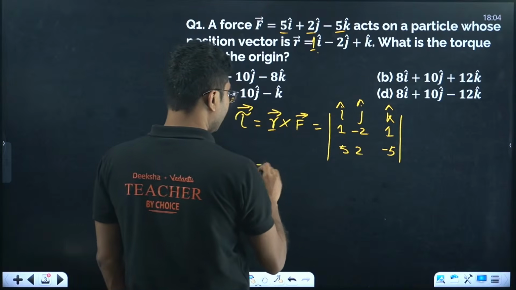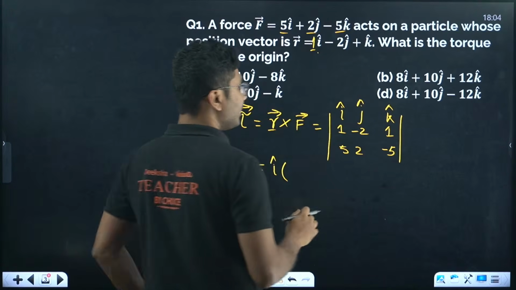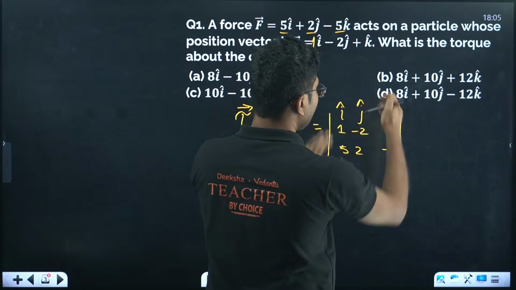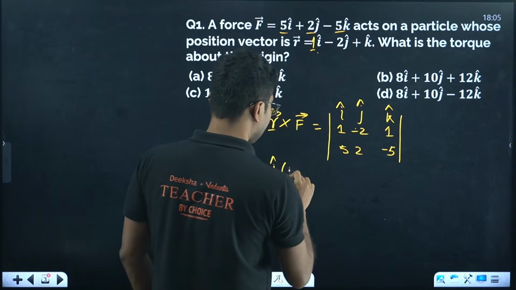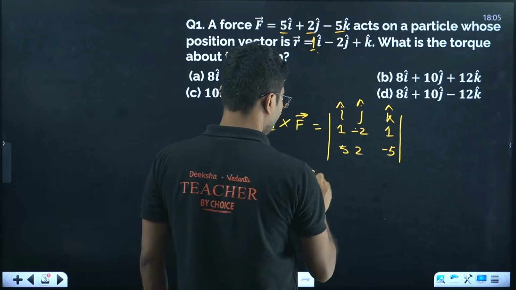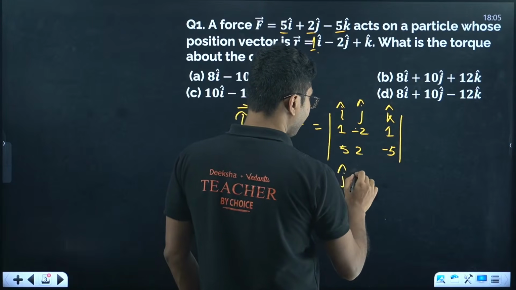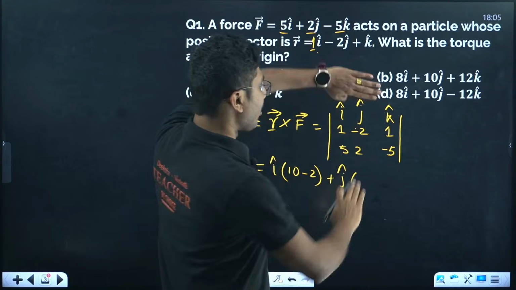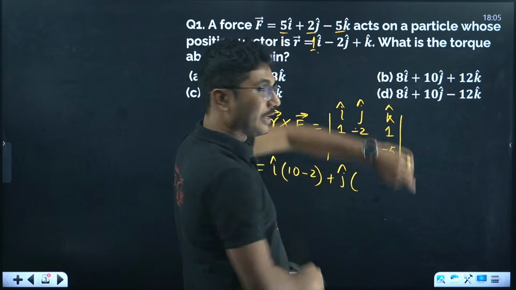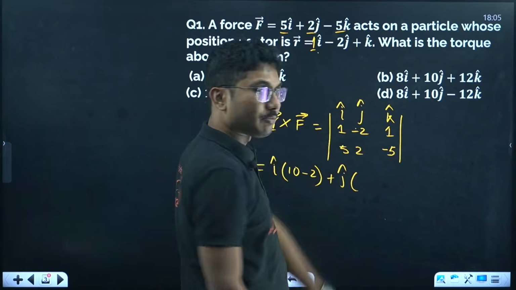So how to do the determinant? I know you are masters in it. Obviously, first cover this: minus 2 into minus 5, that is 10, then 2 into 1 is 2, so 10 minus 2. Now j cap, how do you do j cap? Do you cross it, go the same way and put a negative sign, or cross it, go the opposite way and put a positive sign?